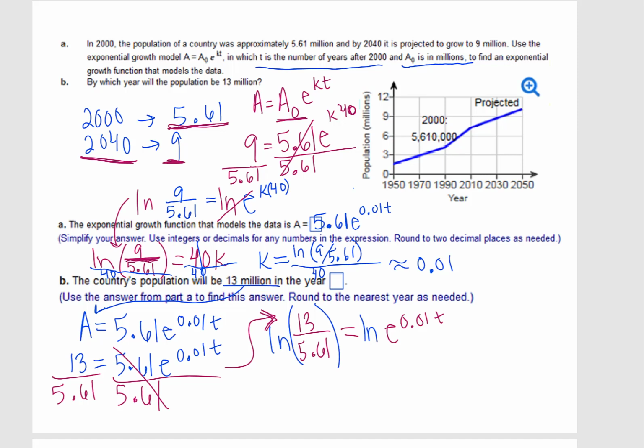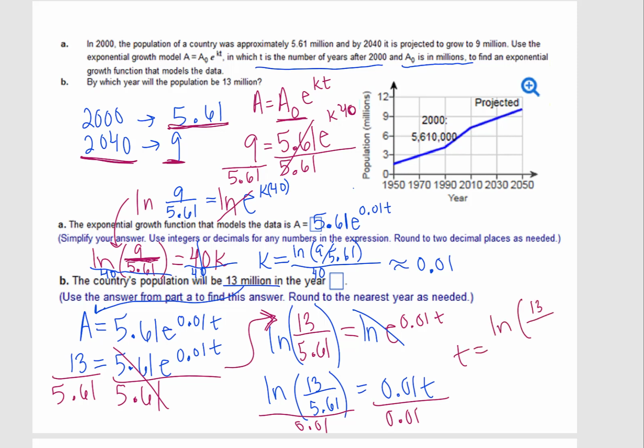By taking the natural log of e, it's going to be equivalent to the exponent, and then to further isolate t, I'm going to divide by 0.01. So divide this entire side by 0.01. T equals natural log of 13 over 5.61, all of it, including the natural log, over 0.01.